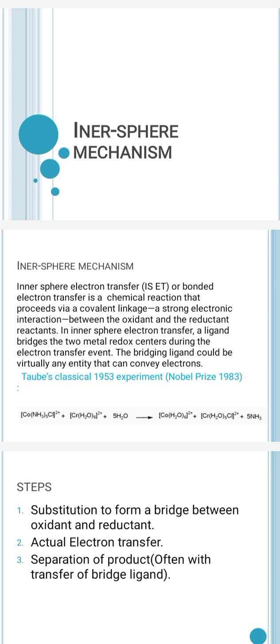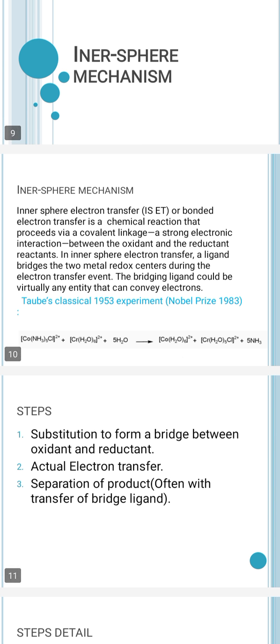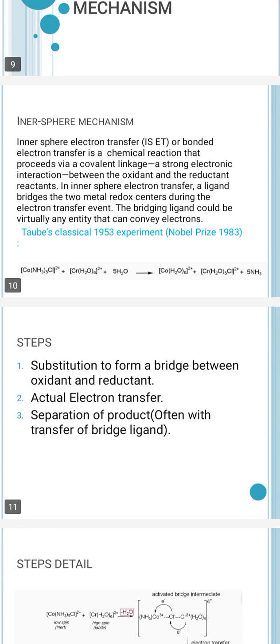The bridging ligands could be virtually any entity that can convey an electron, and this mechanism was developed by Taube's classical 1953 experiment, and he was also awarded the Nobel Prize in 1983.